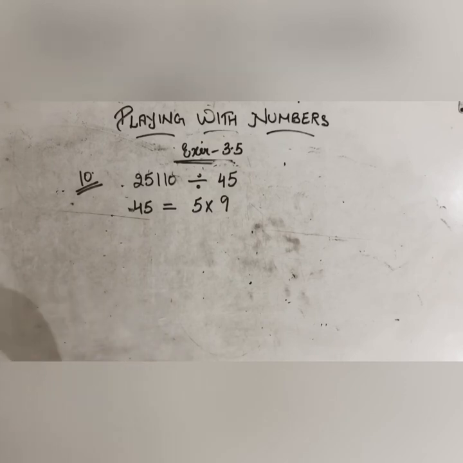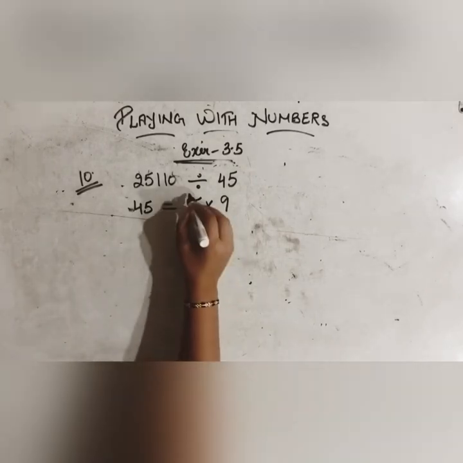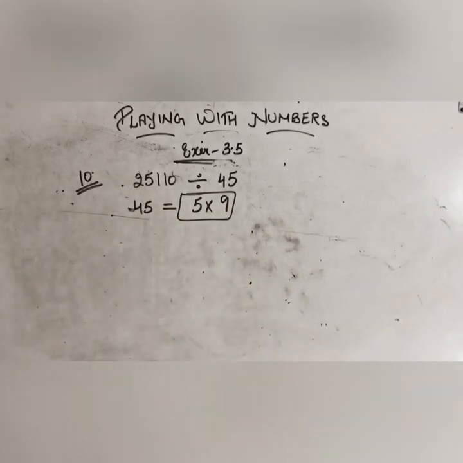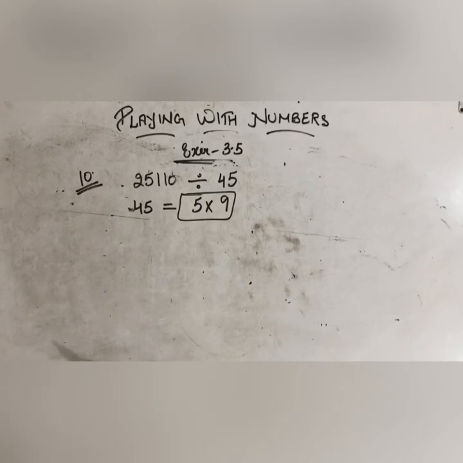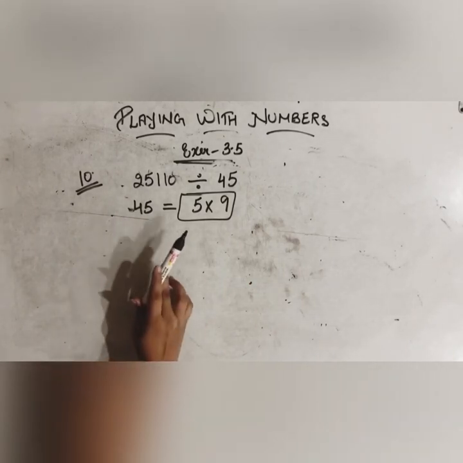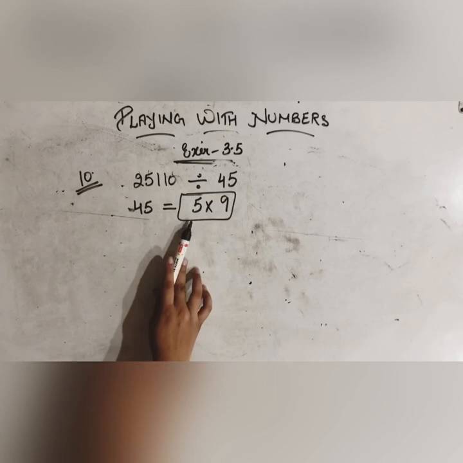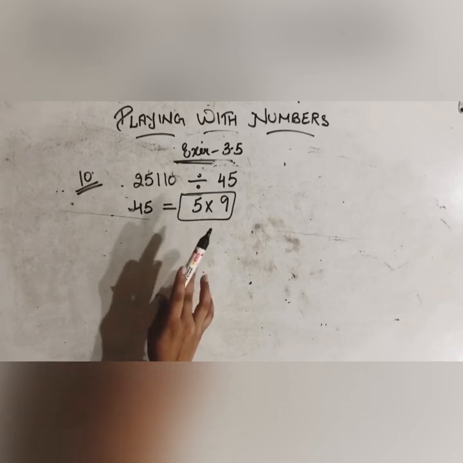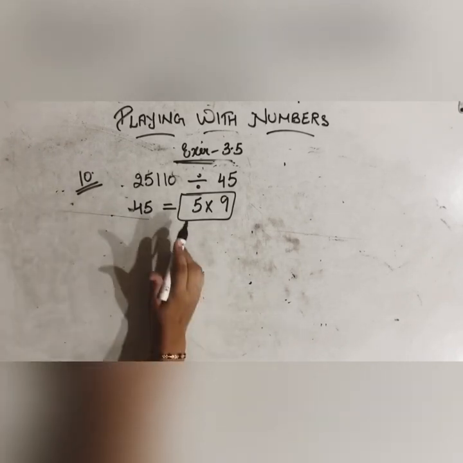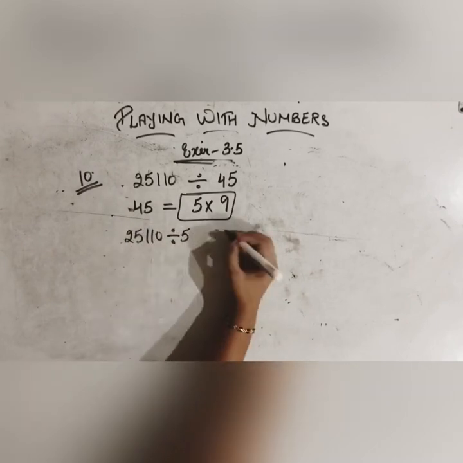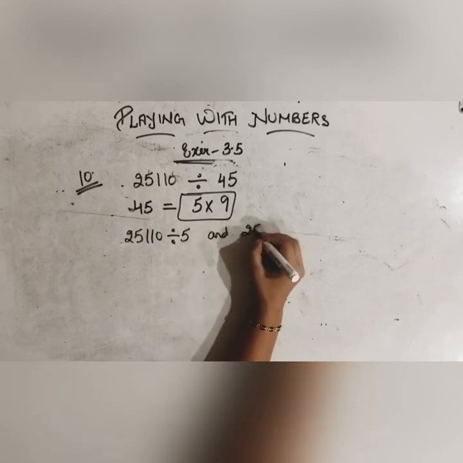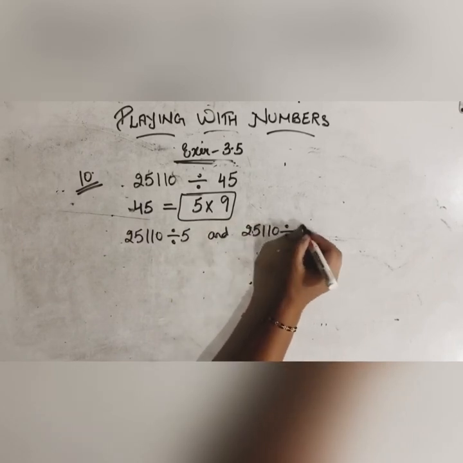It's a condition for using this rule that these two numbers should be co-prime numbers. What are co-prime numbers? Whose only common factor is 1. So these two are co-prime numbers. So if a number is divisible by two co-prime numbers, then it is also divisible by their product. So check whether this number is divisible by 5 and by 9.